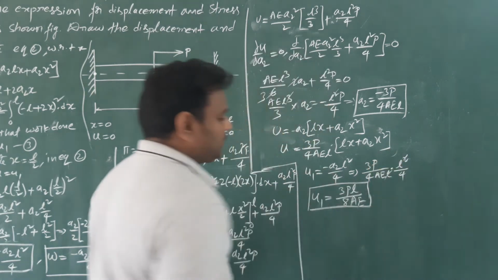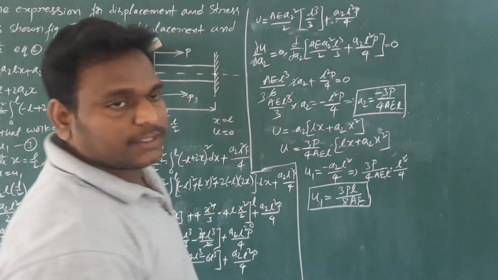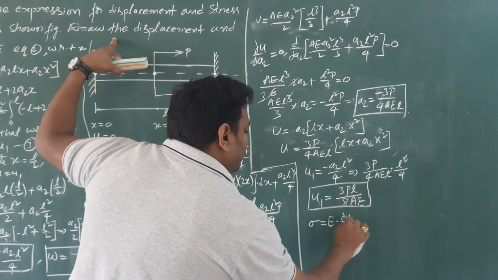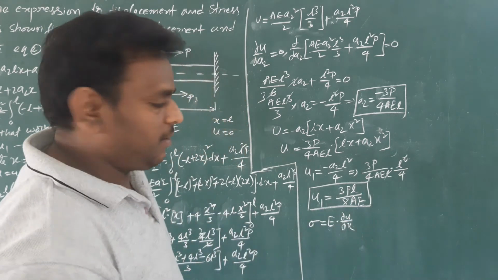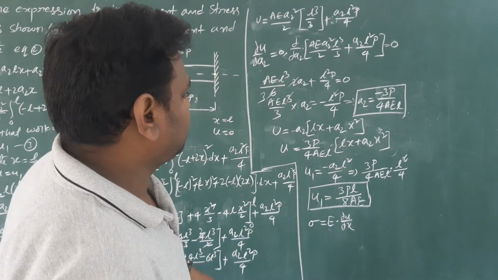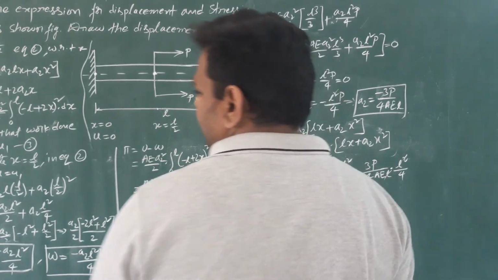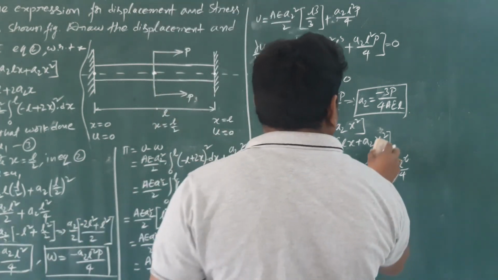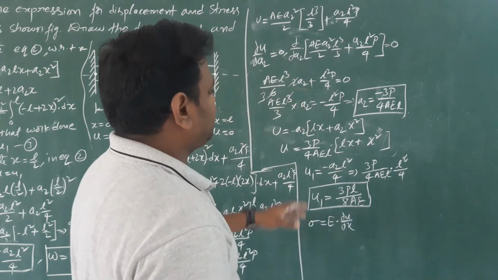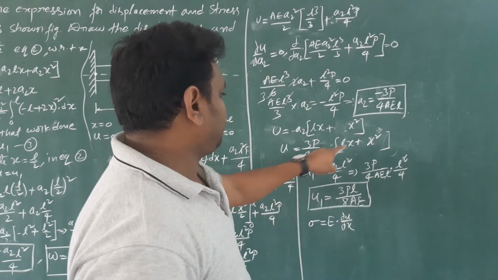Okay, this is the deflection equation. He is also asking us for the stress. We know that stress is equal to E into dou u by dou x, that is E into strain. So differentiate this entire equation. Sorry, there is no E2 here, it is Lx, x square, because A2 is a common parameter.